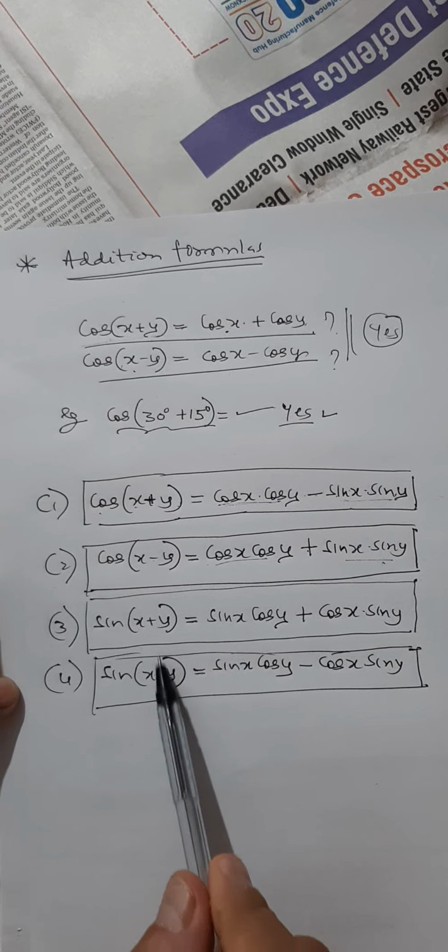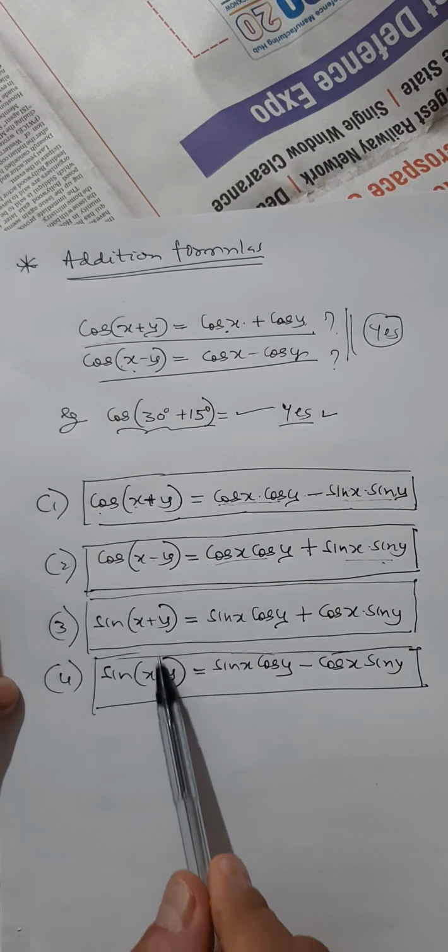So now I want to discuss some examples based on these addition formulas. So let's see this first: sin(90 − x). You did this in 10th standard. If you remember, the answer is cos x. This you know. Okay, now how will we do this?